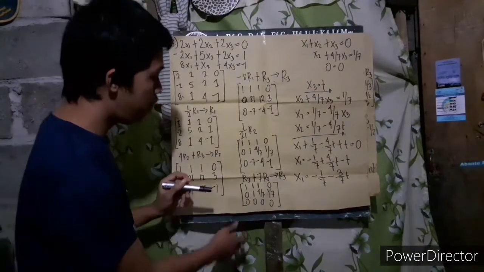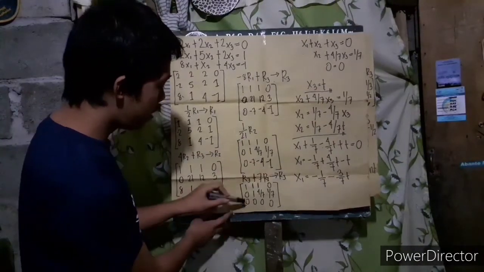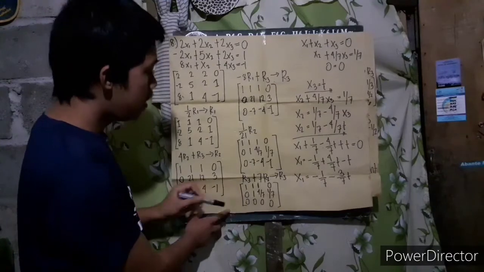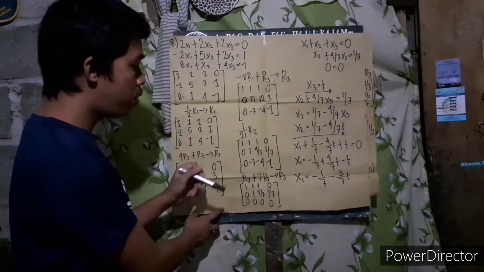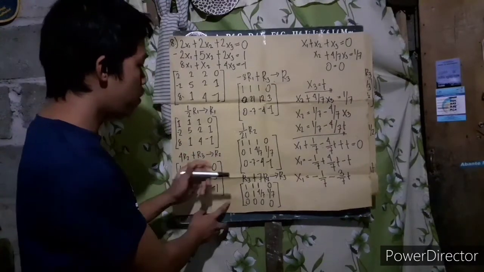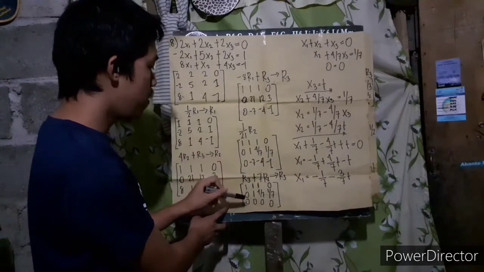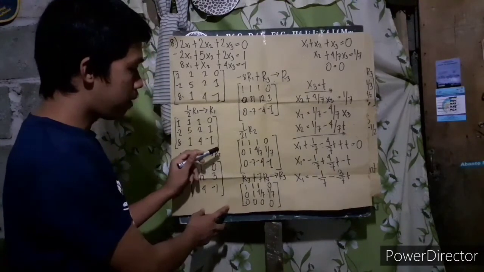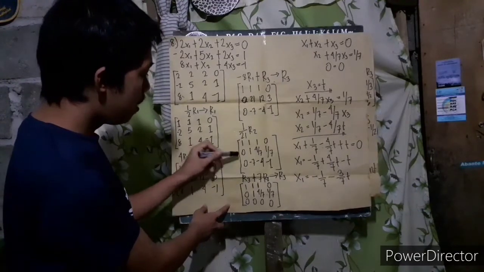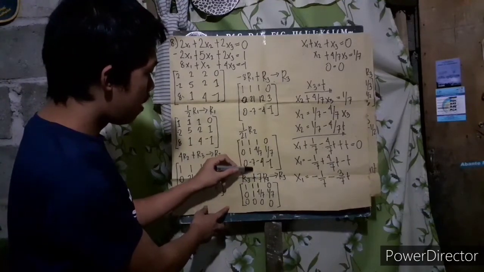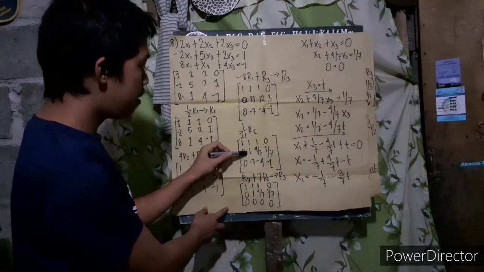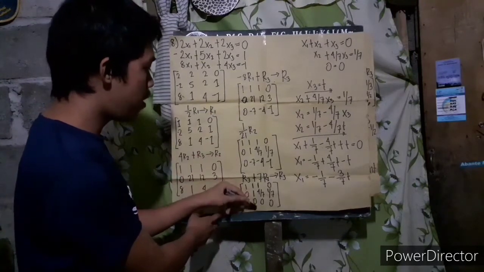Next, we need to make our row 3 become 0 here. So we need to multiply our row 2 by 7, then add to row 3. So 7 times 0 equals 0, plus 0, so 0. Next is 7 times 1, which is 7, plus negative 7, which is 0.